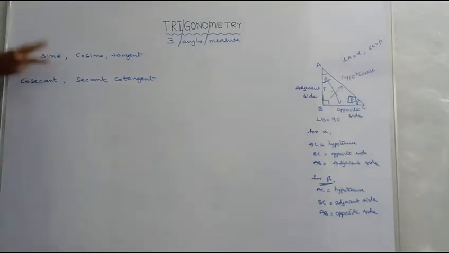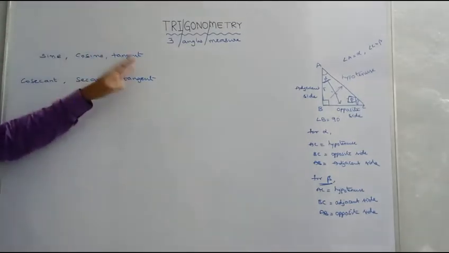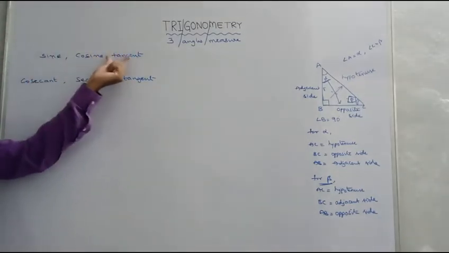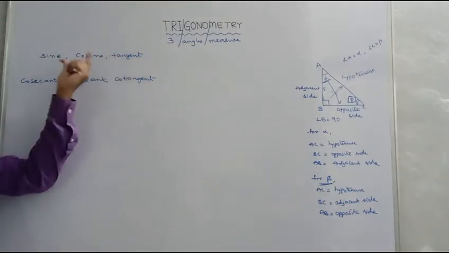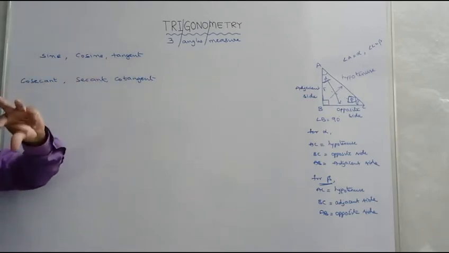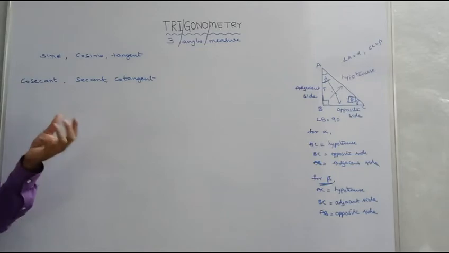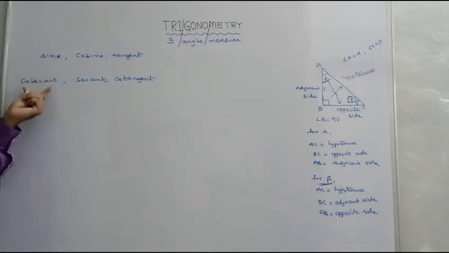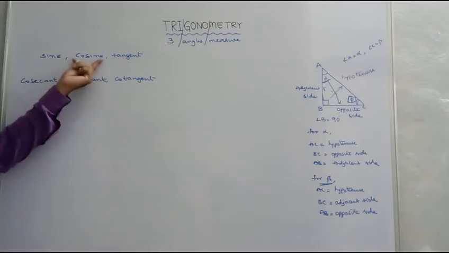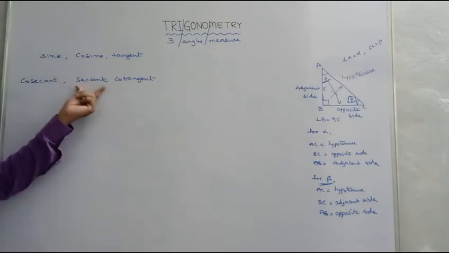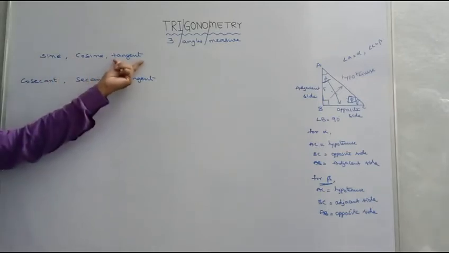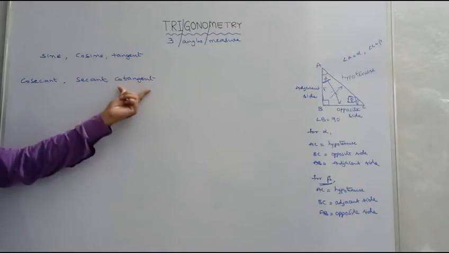Actually, the three basic trigonometric ratios are sine, cosine, tangent, and reciprocals means those are the multiplicative inverses of these three: sine reciprocal is cosecant, cosine reciprocal is secant, tangent reciprocal is cotangent.